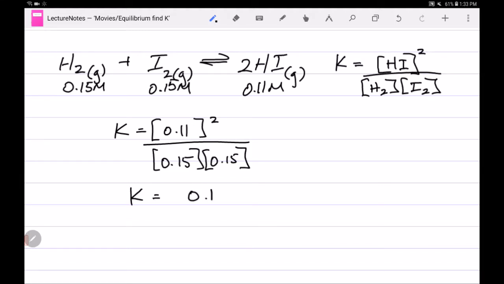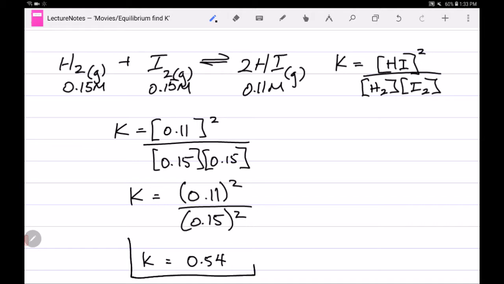So the equilibrium constant for this reaction would be 0.45. The equilibrium constant is a unitless ratio, so it wouldn't have any units with it when you're done.